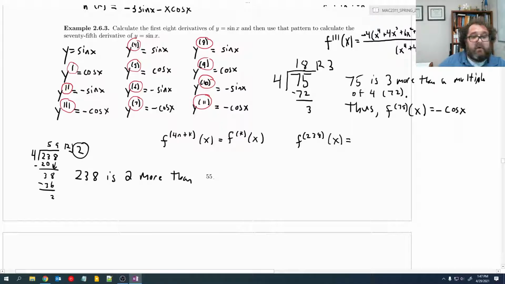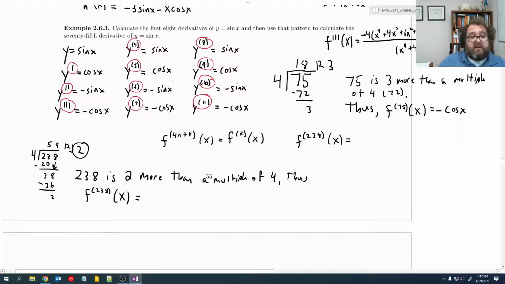So we could say that 238 is 2 more than a multiple of 4. Thus the 238th derivative of f is what? 2 more than a multiple of 4.